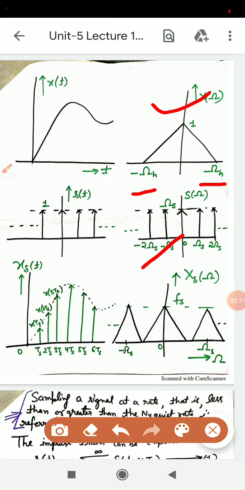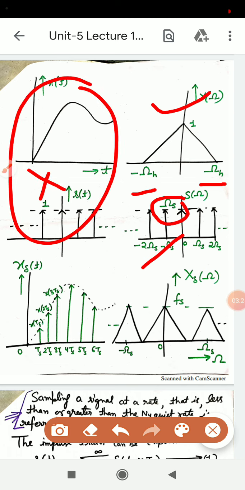This is the Fourier transform of the impulse train, and the maximum amplitude is omega s. After multiplication of these signals we get this, and its Fourier transform is this, where the maximum amplitude is fs.